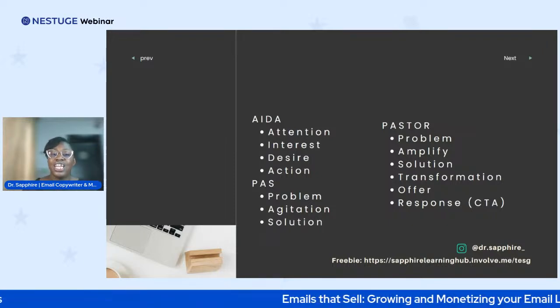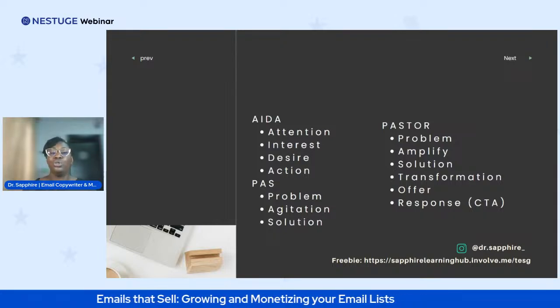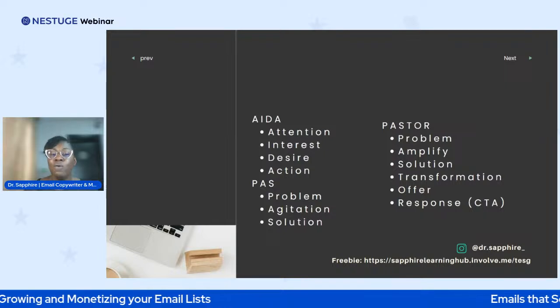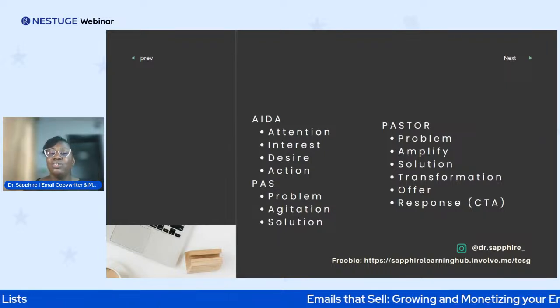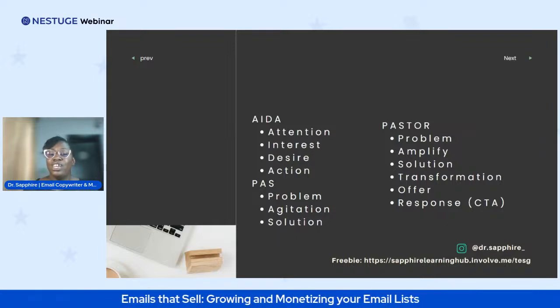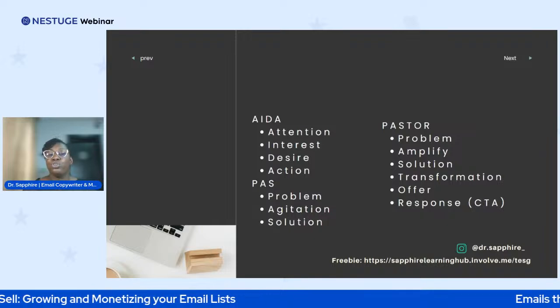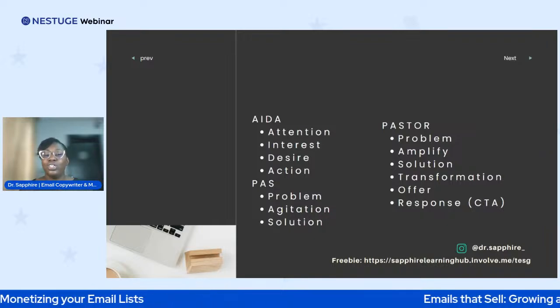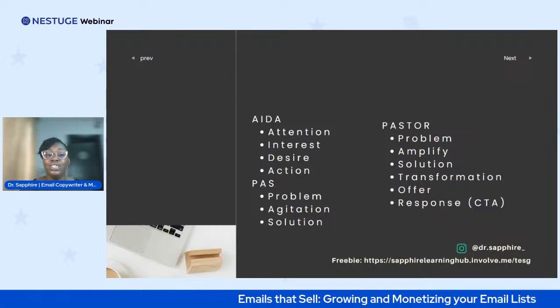Whatever you're writing first has to grab attention, from the subject line to the first few lines of your email. The body of the email has to cause interest in where you are going, and desire. And of course, you now want to drive action. This is where your call to action comes in, where you tell them what you want them to do. You can see that the structure and the formula go together.